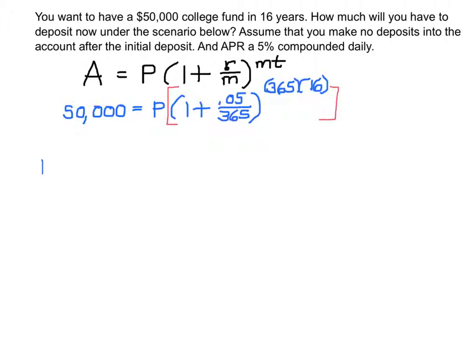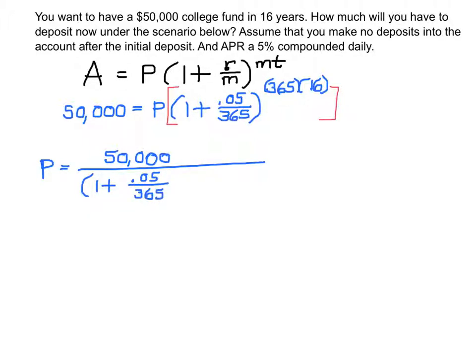P is equal to 50,000 divided by the bottom piece, which is 1 plus the ratio 0.05 over 365. And this entire thing is raised to the 365 times 16. So let's write how we would enter this into our calculator.